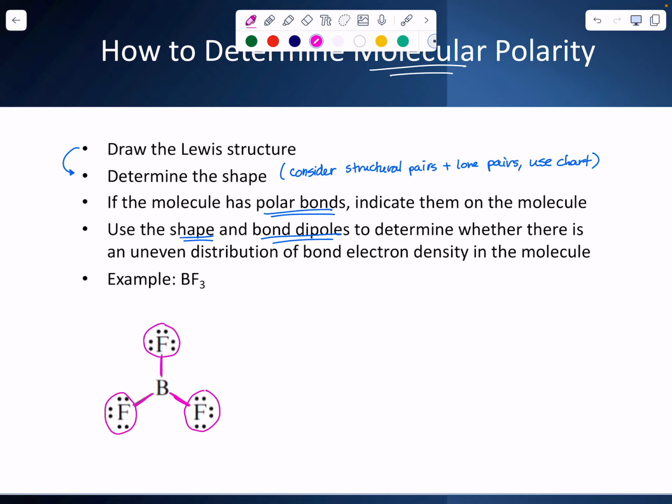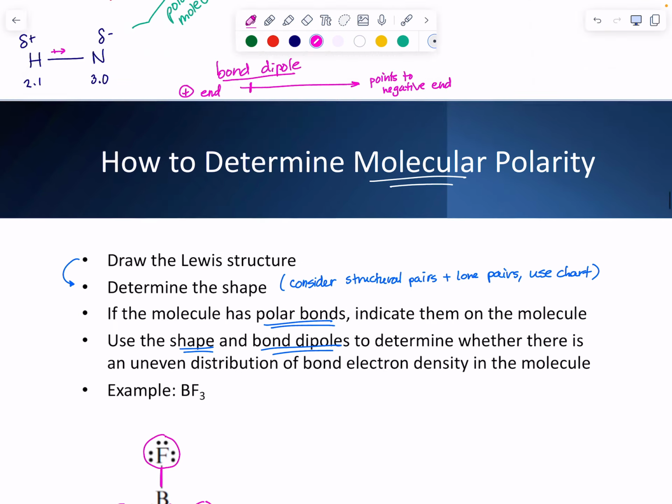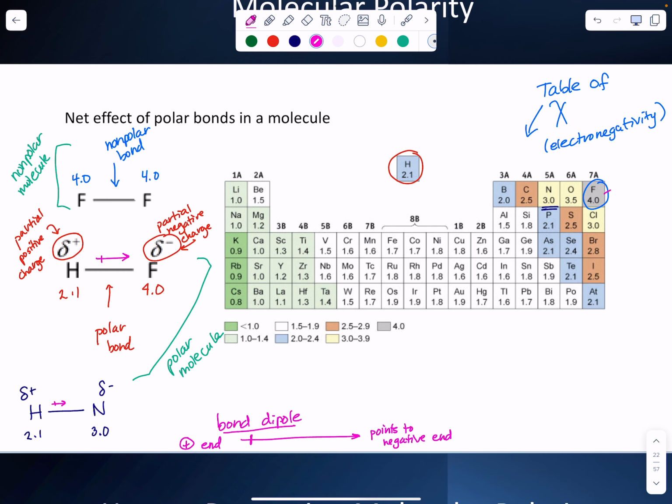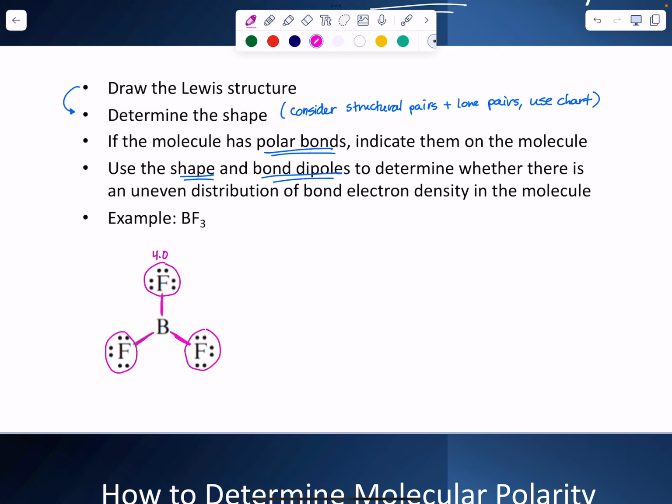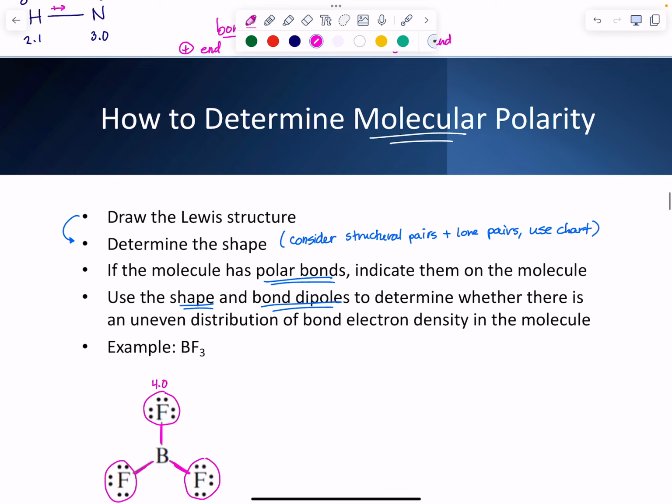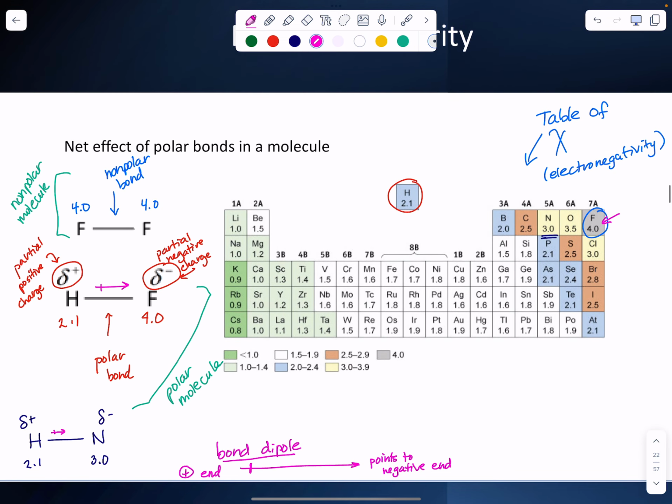All right, so the fluorine is our most electronegative element, 4.0. So I'm just going to put my electronegativities here. And then for the boron, it's 2.0.